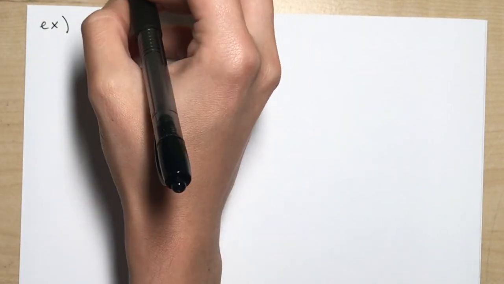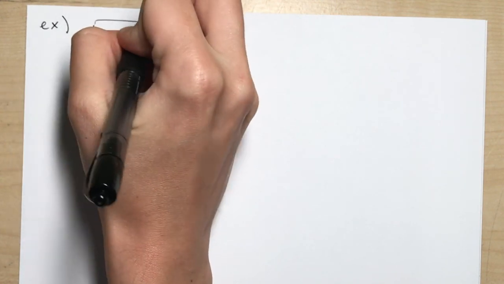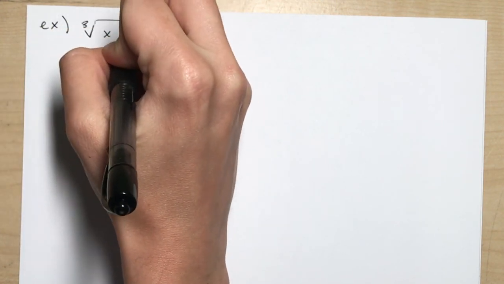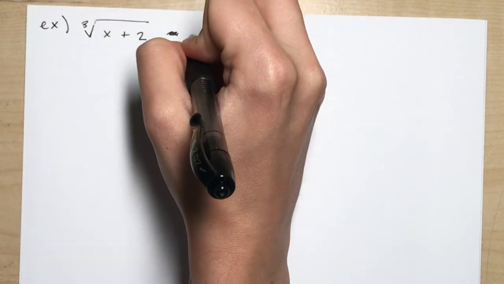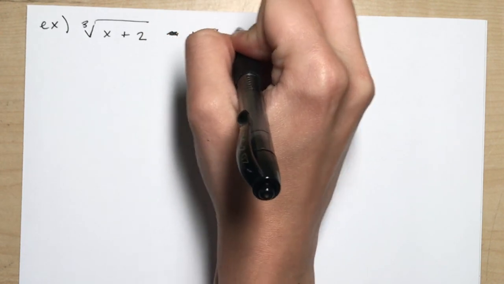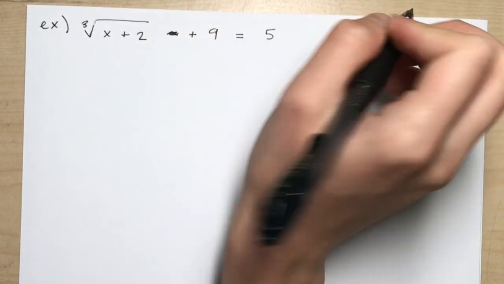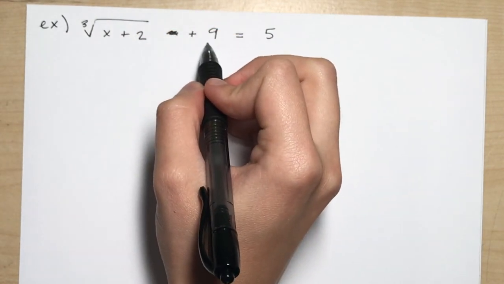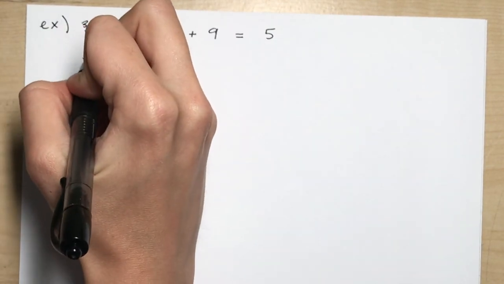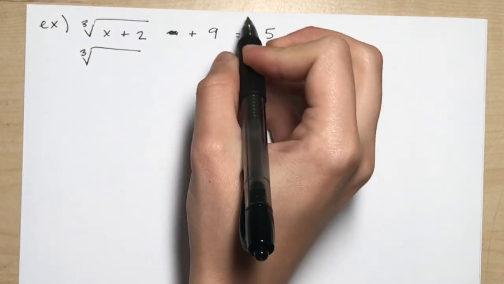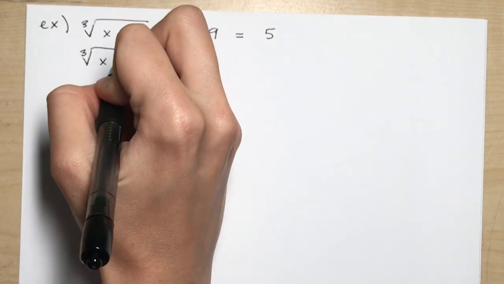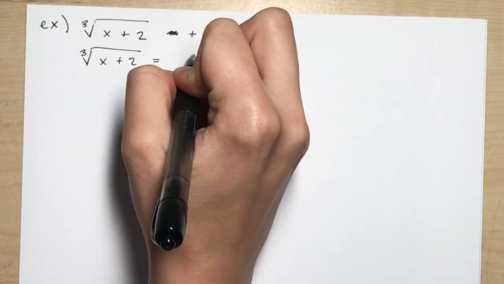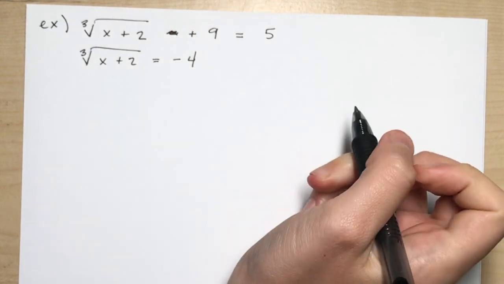Let's do one with a cube root. So I want to isolate my radical first. I bring this over. I end up with cube root of x plus 2 equals negative 4.